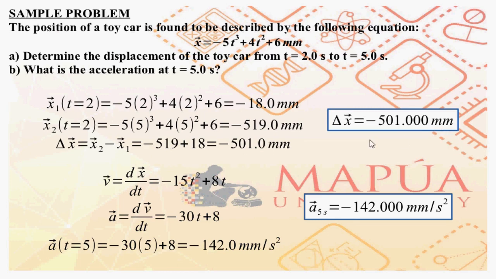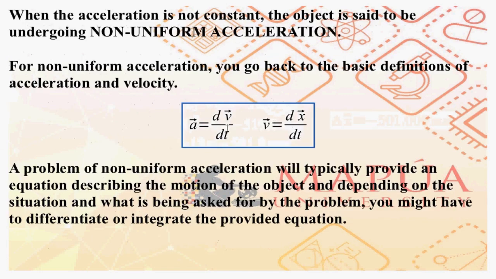Moving now to the second part of the problem, letter B. What is the acceleration at t is equal to 5 seconds? To be able to determine the acceleration at 5 seconds, you need the equation for acceleration. Going back to the previous slide, the basic definition: acceleration is equal to dv over dt.